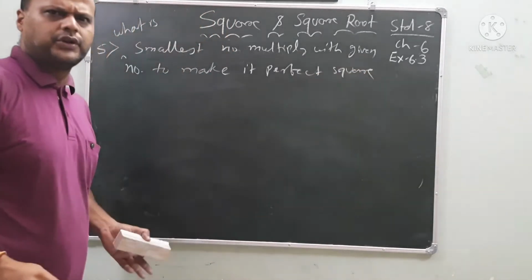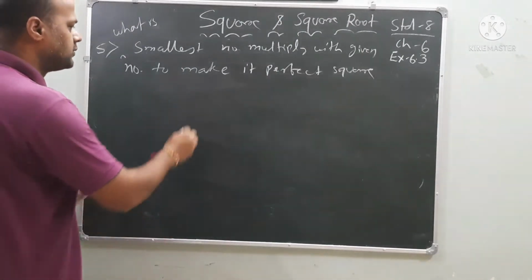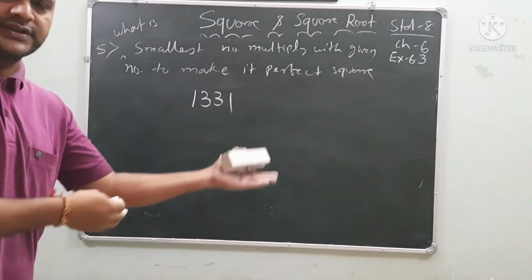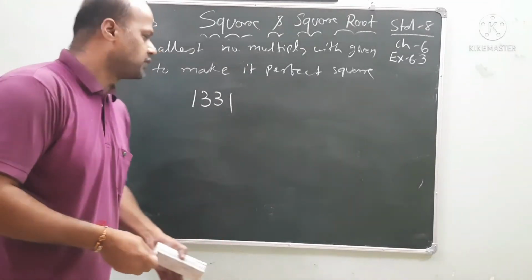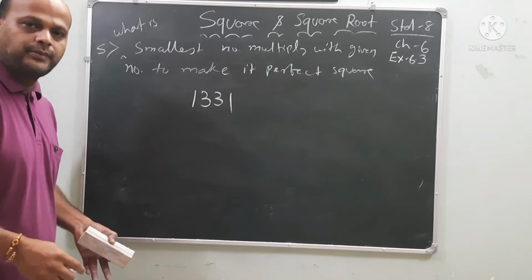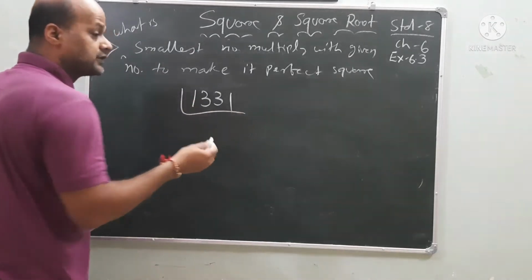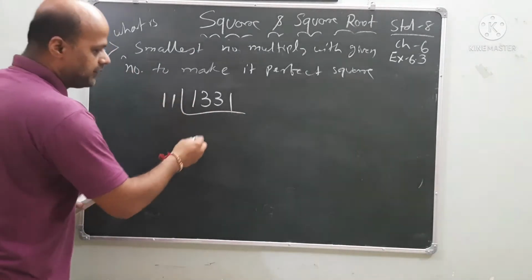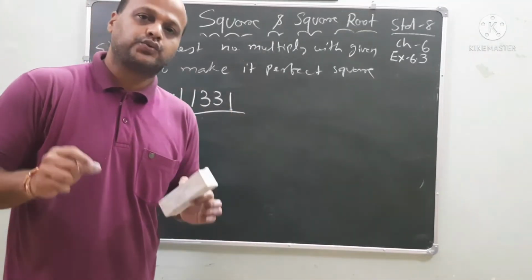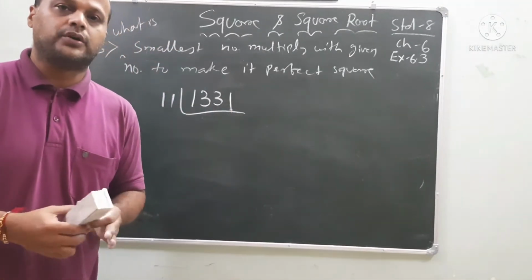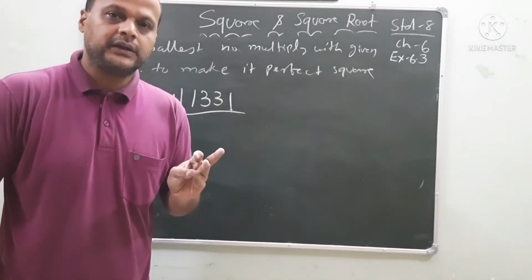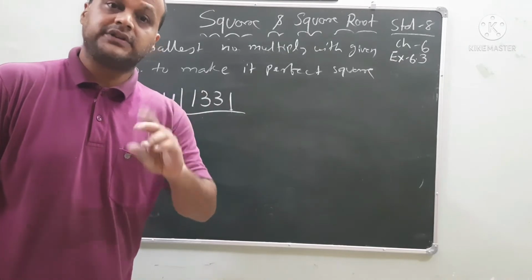Let's take the example of 1331. We have just discussed this previously. What will it be? We know that it is 11, because of the 1 in the unit place, you have to remember the multiplication of 1s. Tell me, 3 7s are 21.